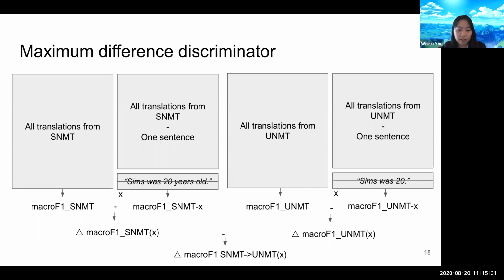And then we take the difference between these 2 delta macro F1s again. This will give us the comparison of SNMT and UMT. If this value is higher, then it means macro F1 prefers SNMT over UMT.